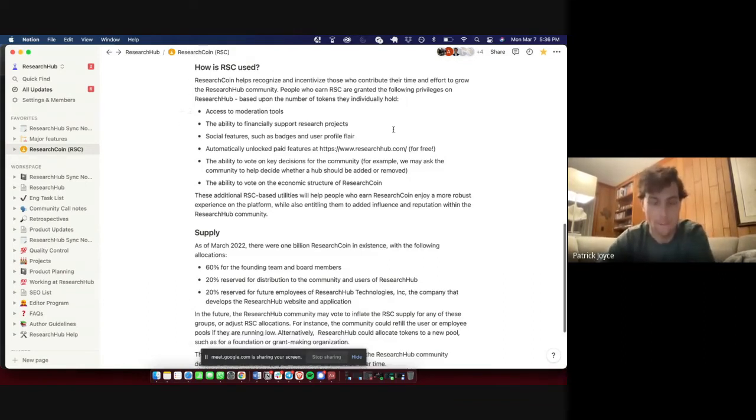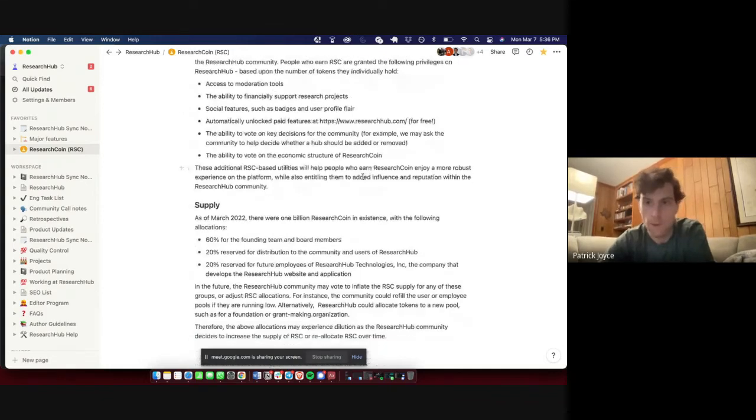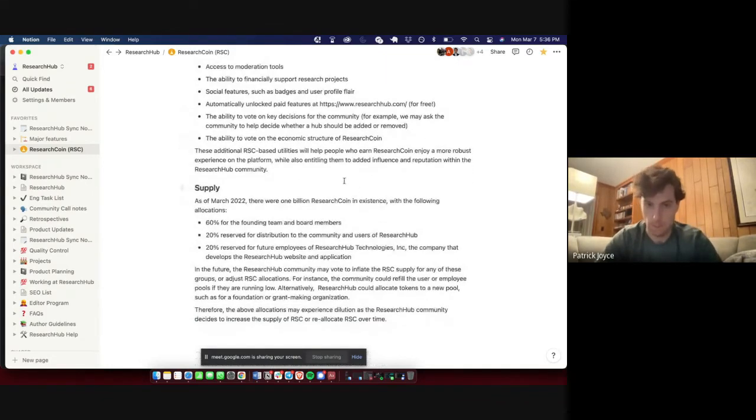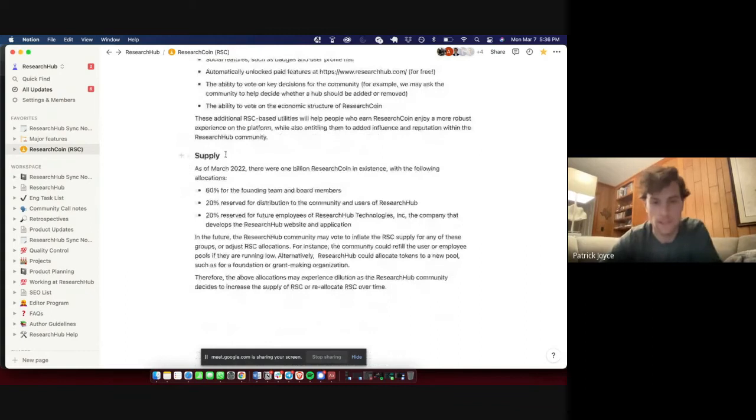So with that concept of founder-led companies, the way we're thinking about this is the initial supply is divvied up into 3 buckets: 60% for the founding team, 20% for the community and users of ResearchHub, and 20% for future employees of ResearchHub Technologies to help us hire and build out the ecosystem.